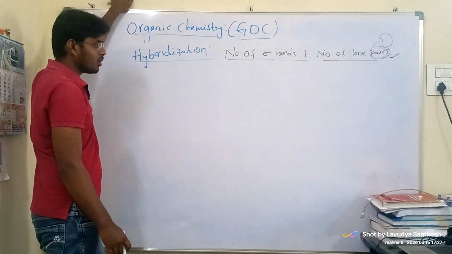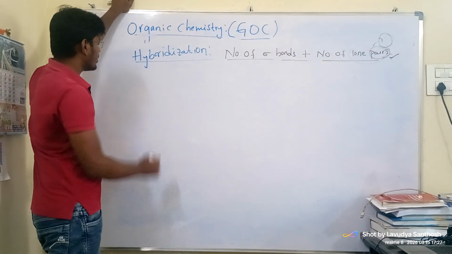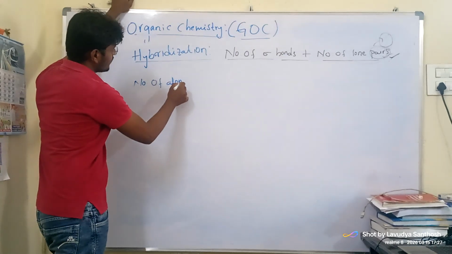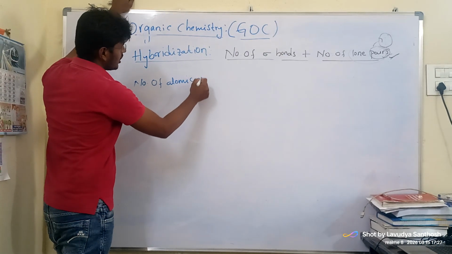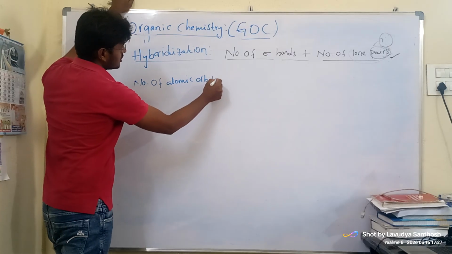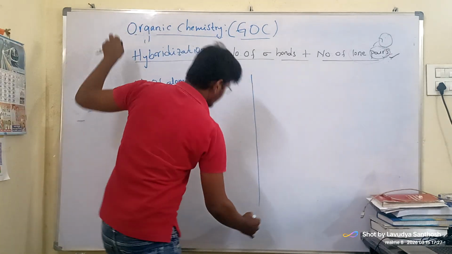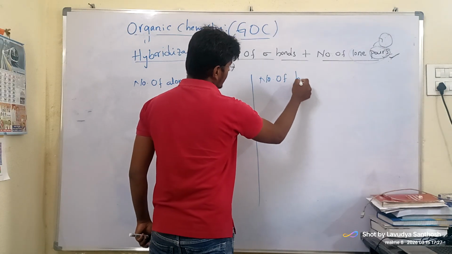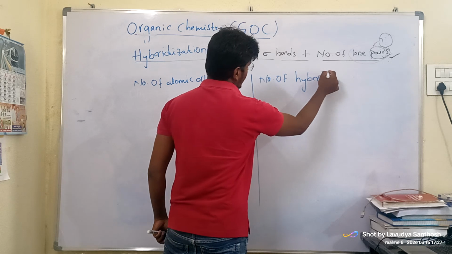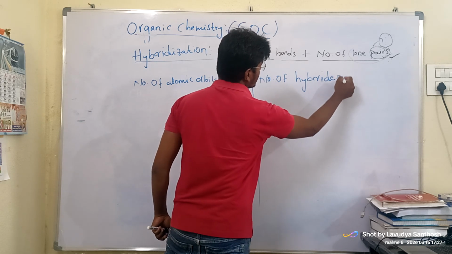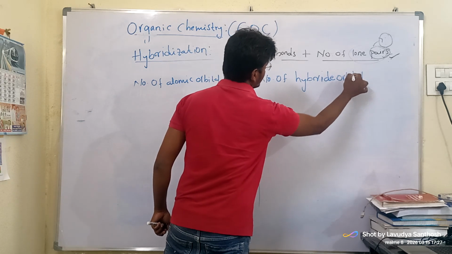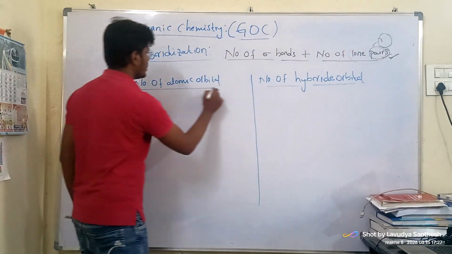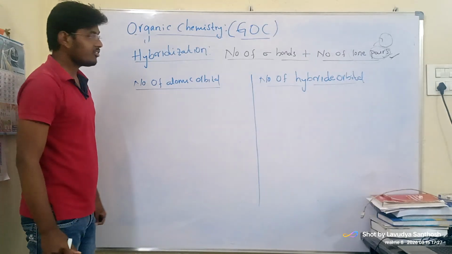Then we will write number of atomic orbitals and number of hybrid orbitals. Just remember this: number of atomic orbitals, number of hybrid orbitals.